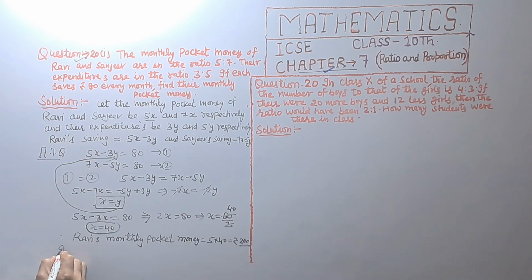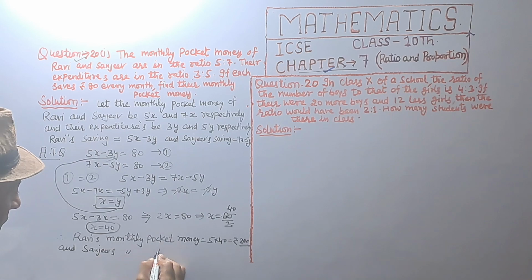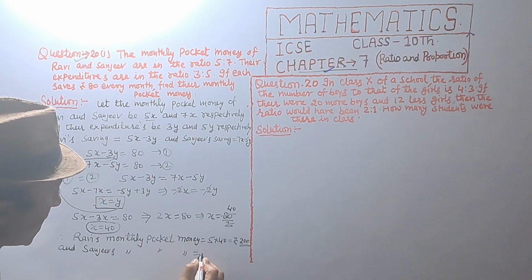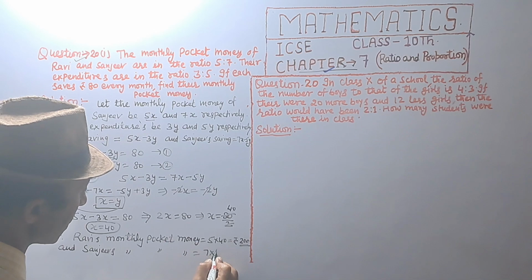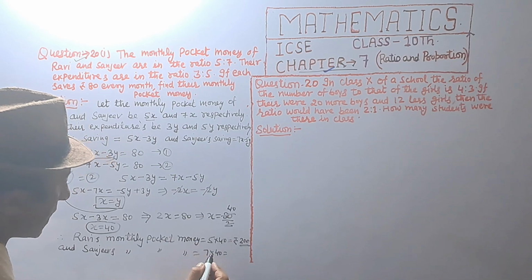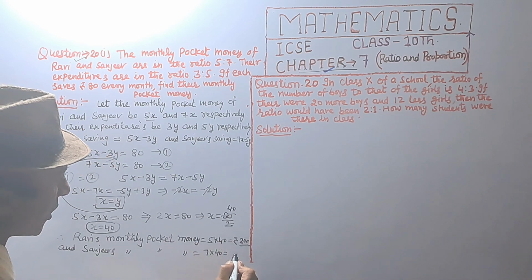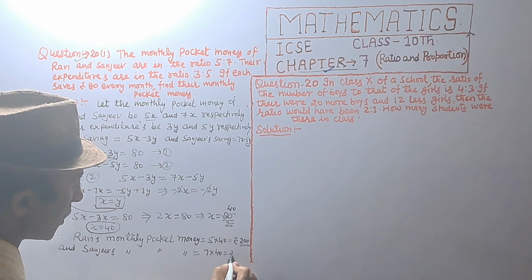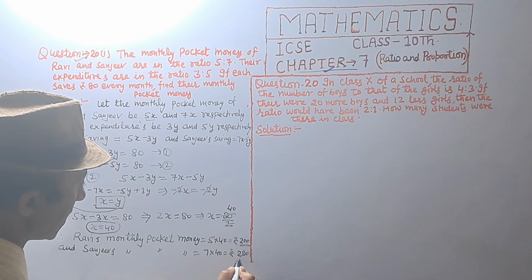And Sanjeev's monthly pocket money is equal to 7 multiplied by 40, that is equal to rupees 280. Answer.